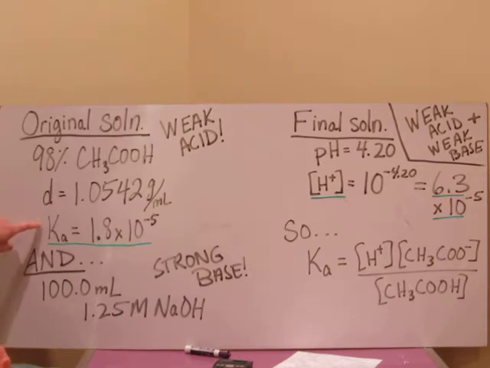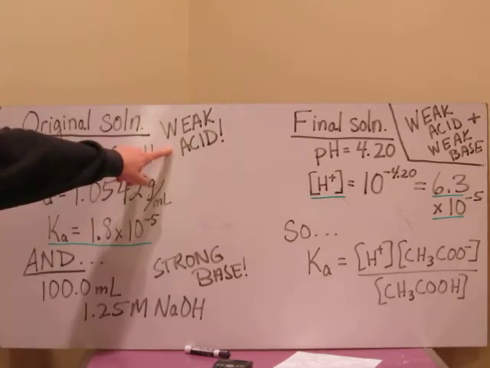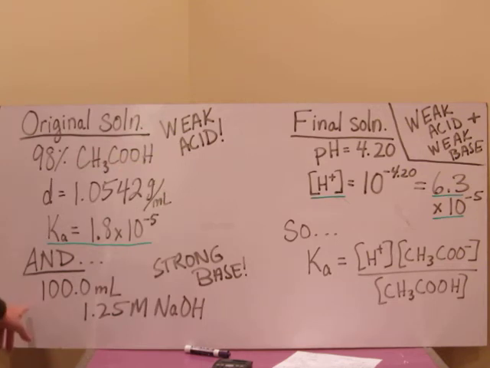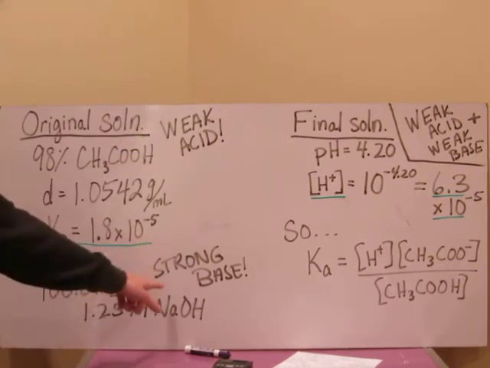You would be given this information if it were a test question, but since you have access to your textbook, you could just look this up. And we have, so that's a weak acid. Highlight that. We also have 100.0 milliliters of sodium hydroxide. That's our strong base.